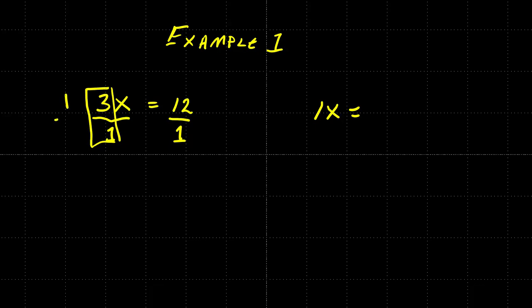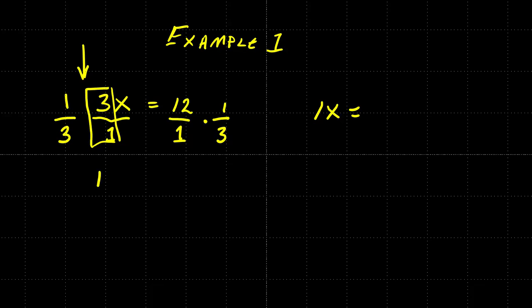And now, on the right-hand side of the equation, we have 12 divided by 1 times 1/3. This is an expression of the multiplicative inverse. Whenever we employ the multiplicative inverse, that automatically gives us 1.